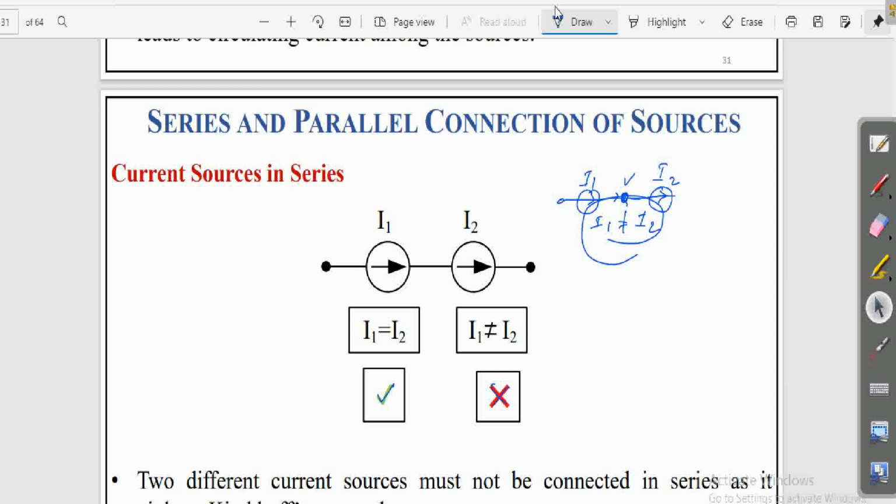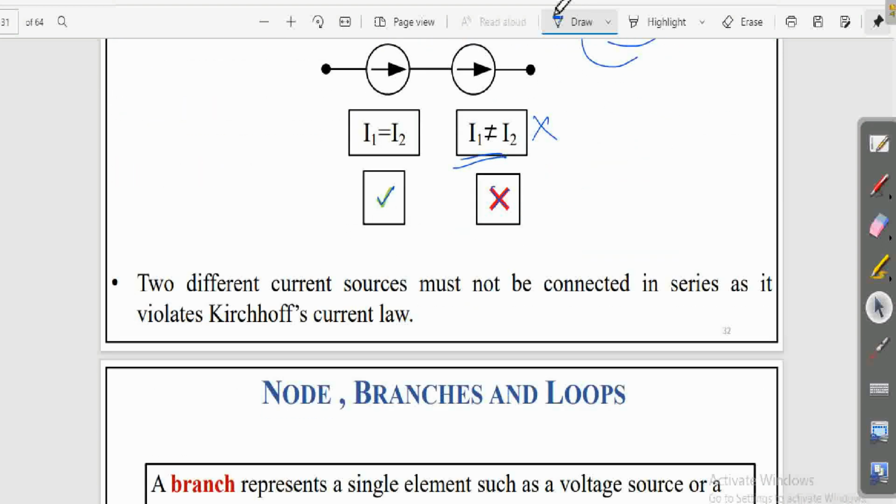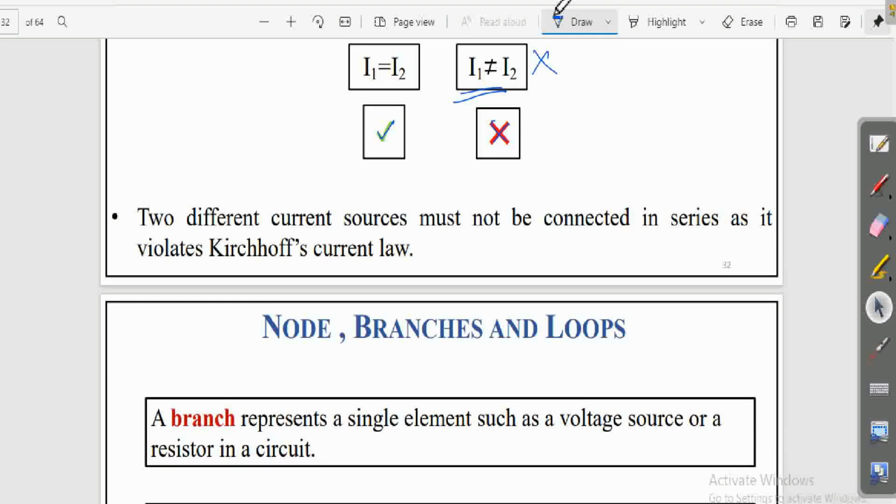So in this section it violates KCL, so this is not allowed. Two different voltage sources must not be connected in parallel, and similarly two different current sources must not be connected in series, as it violates Kirchhoff's current law.